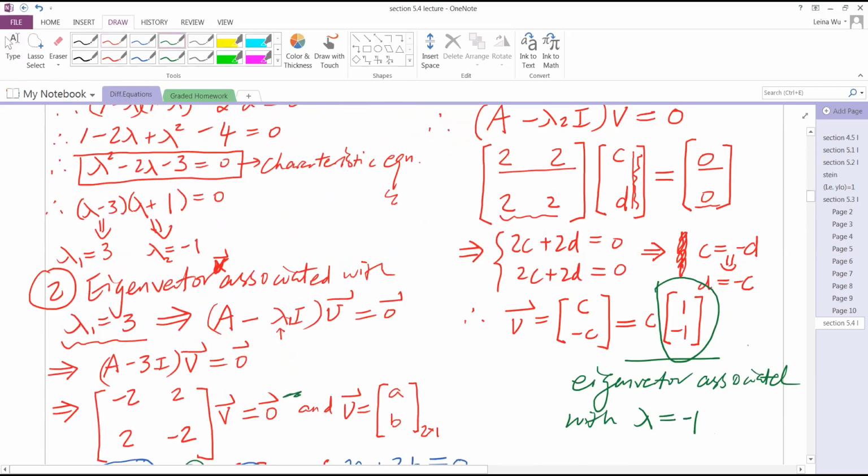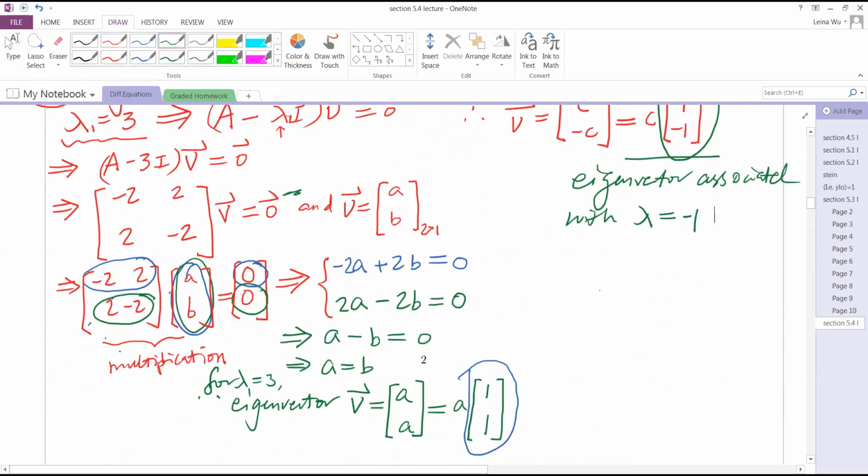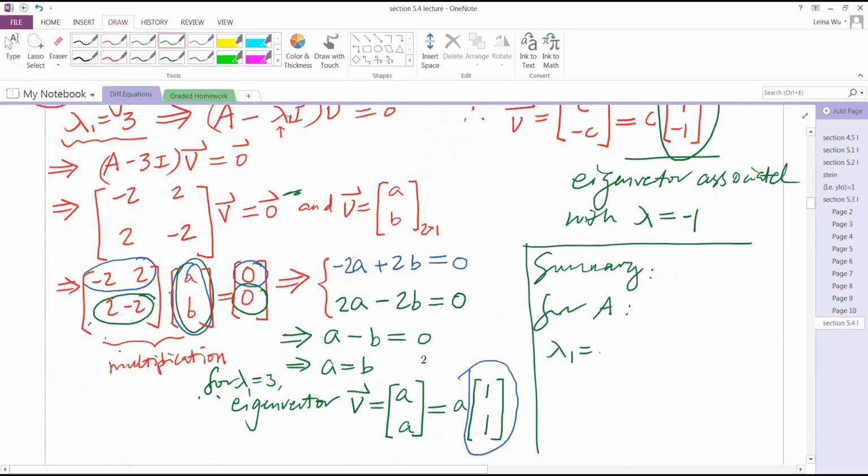All right. In the end, let me just do a very quick summary of this question. For this matrix A, we've got lambda 1 equals 3 and lambda 2 equals -1, 2 eigenvalues.